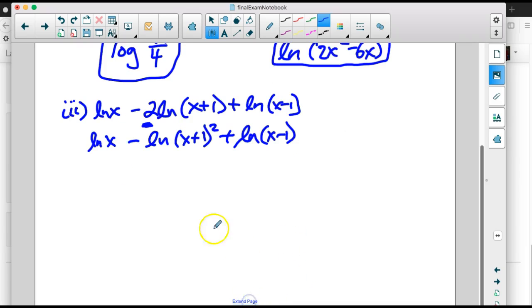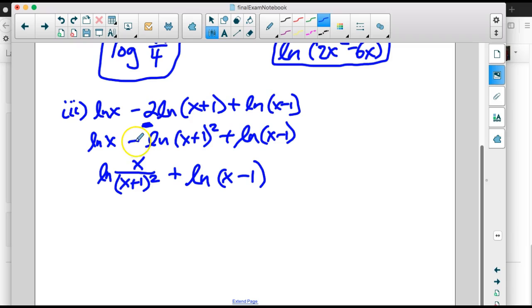So the next step would be to combine these two together first. So we'd have ln of x divided by x plus 1 squared plus ln of x minus 1. And then that's what this would do, to make a division out of these two terms. And then this positive one would be multiplying it, so it would be ln of x over x plus 1 squared times x minus 1.